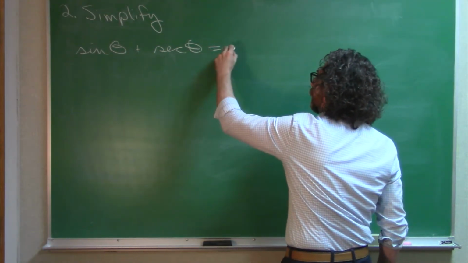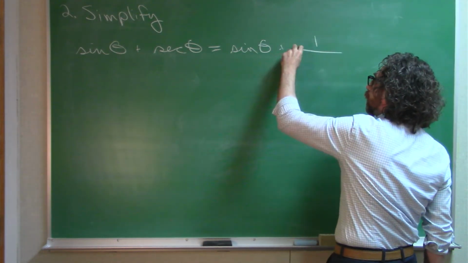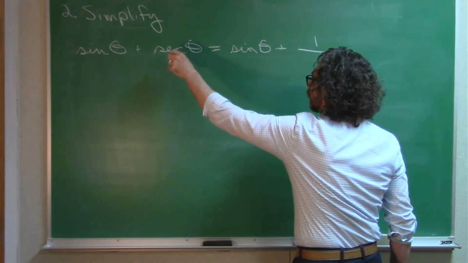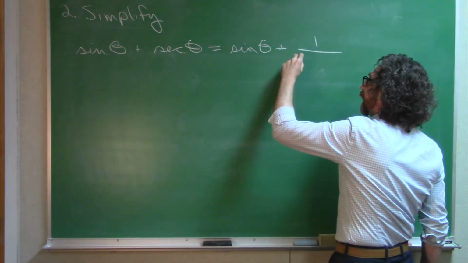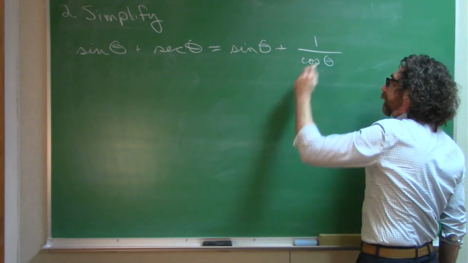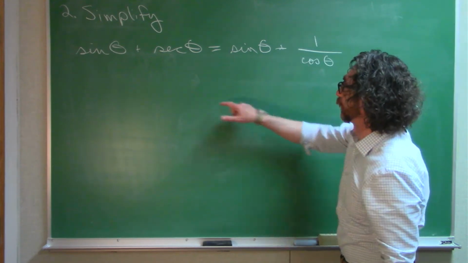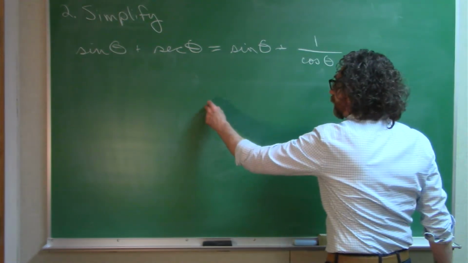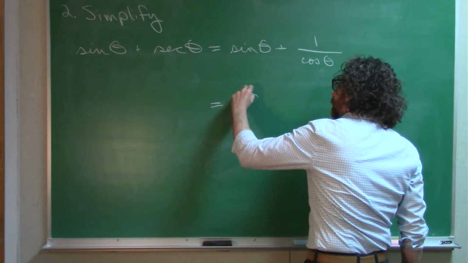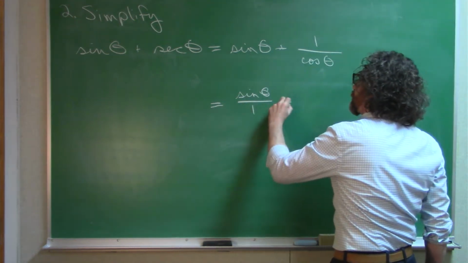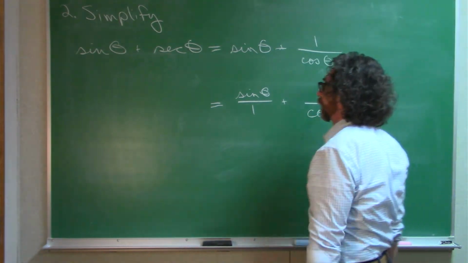All right, so following our principle of writing all the parts of the expression using sine and cosine exclusively, we start with this, we rewrite and get this. We replace secant with 1 over cosine. Okay, now we're adding fractions, okay? And of course, to add fractions, we need a common denominator.